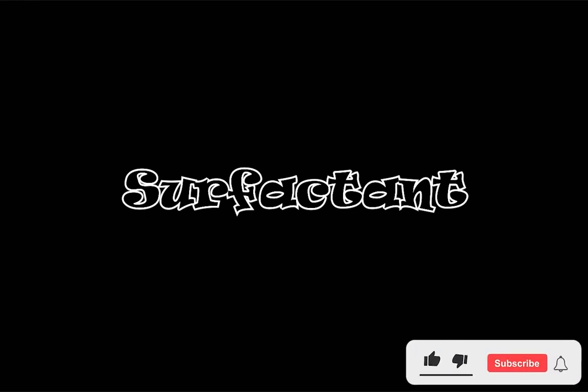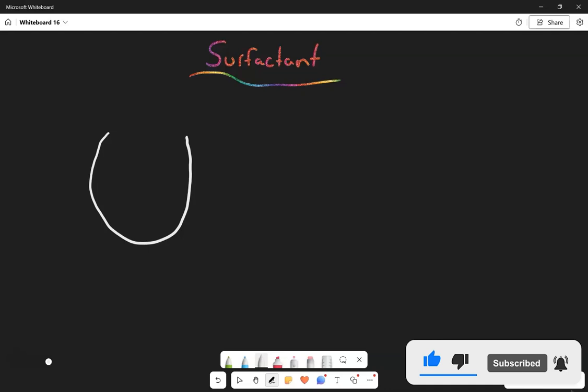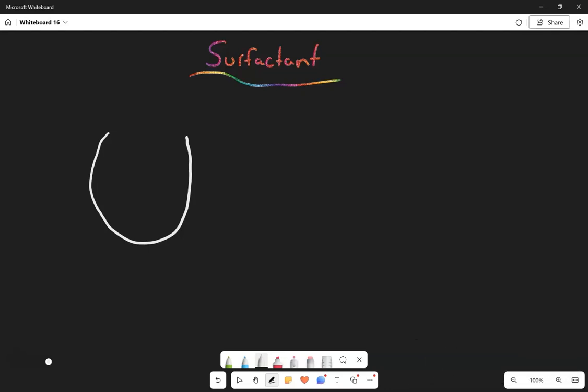If we look at the alveoli, draw an alveolus here, what we will notice is that the alveolus is surrounded by an epithelium. So we'll just sort of draw an epithelium here. Right? And there are two different types of cells that we talk about.